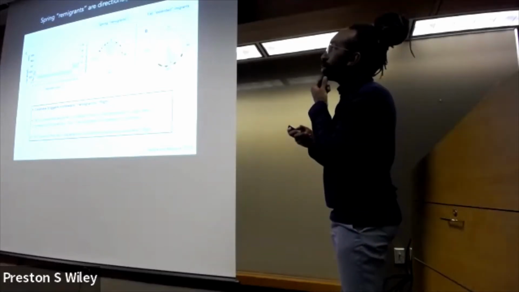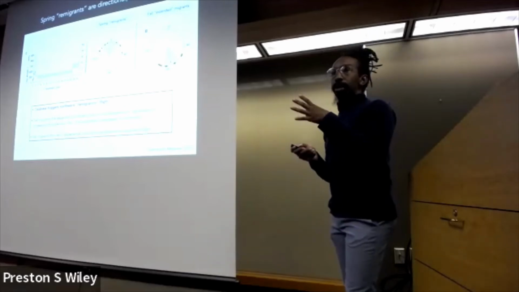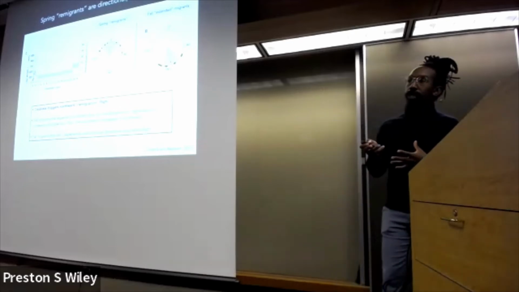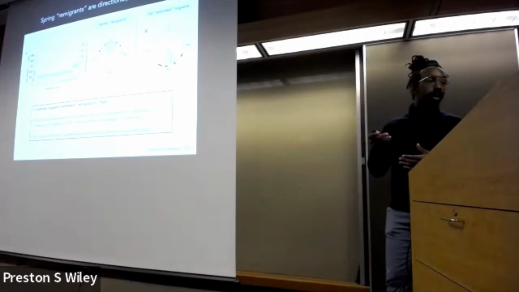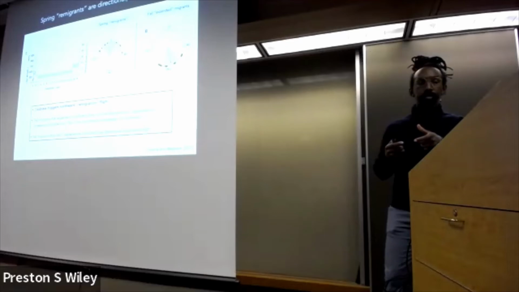And also what's really interesting about this is that if you took fall migrants and held them in a simulated fall chamber for a few months and then tested them again, they continued to fly in a southward direction. So it means that they need that cold signal in order to flip their directionality.